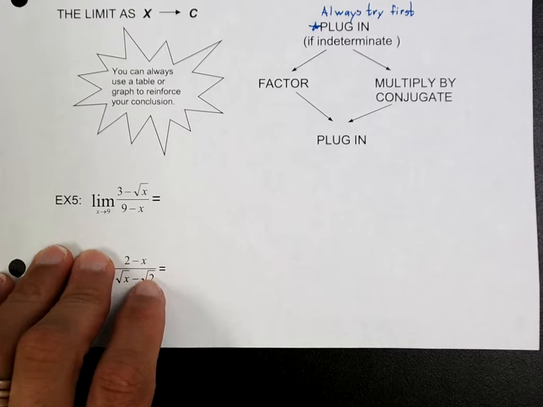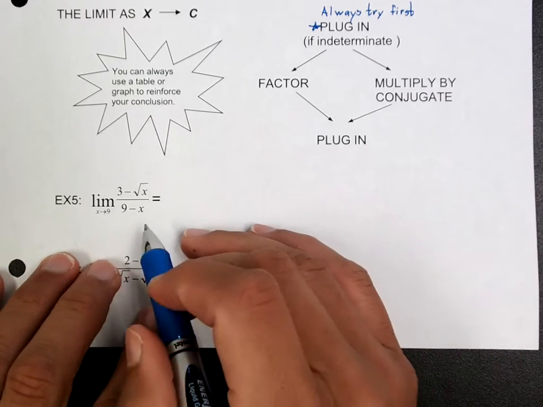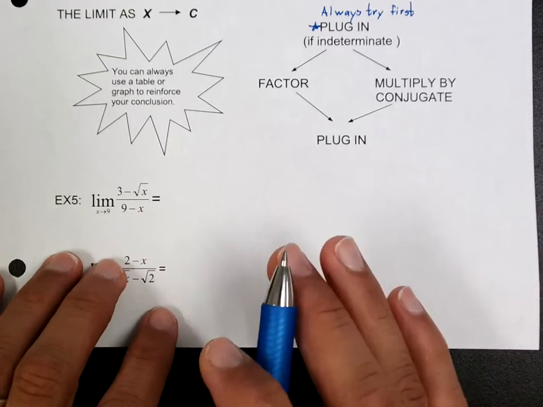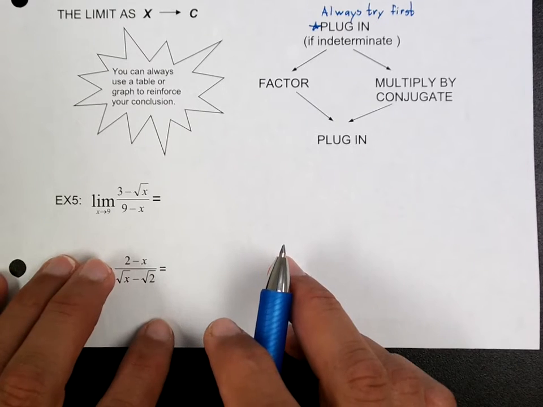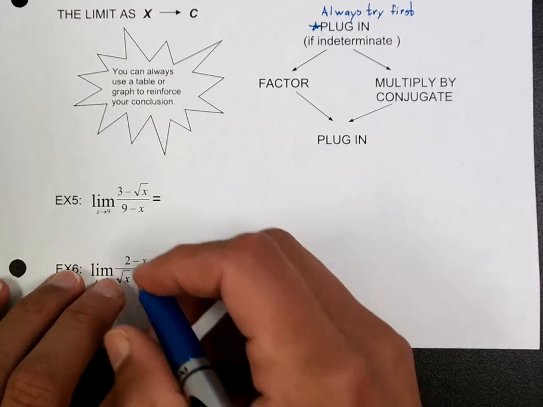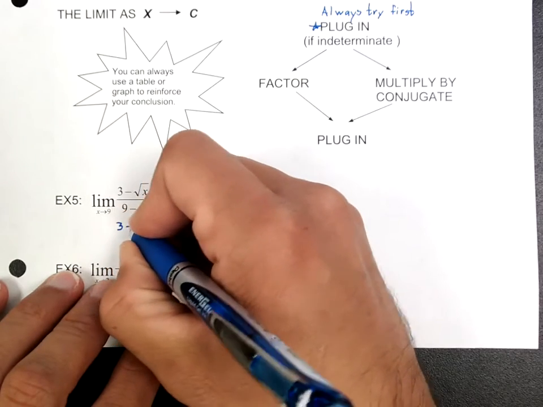You can actually rewrite this as a difference of squares, and I'm going to show you how to do that in a second, but let me just show you multiplying by the conjugate. So I'm going to rewrite this original equation here.